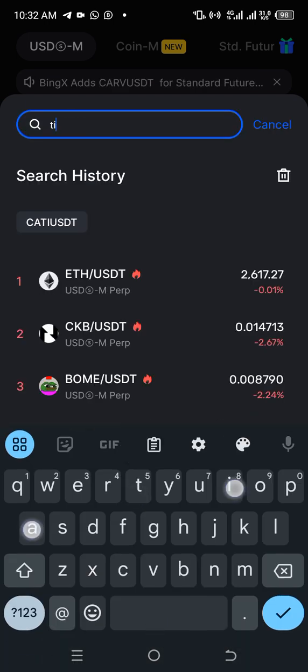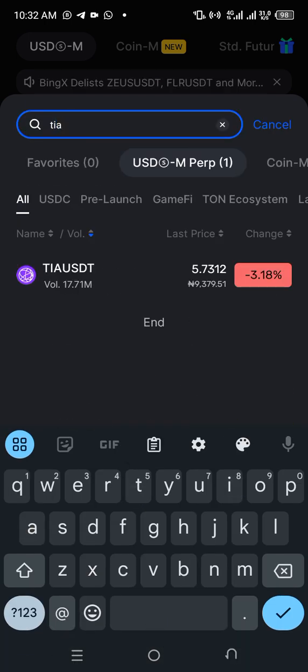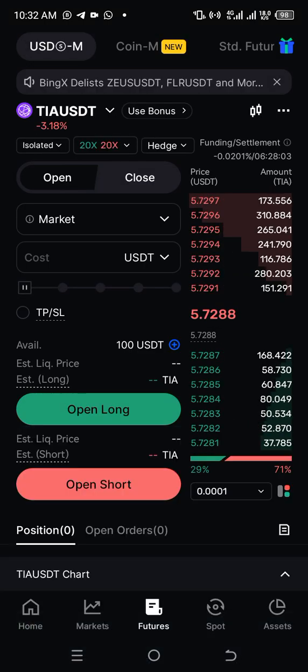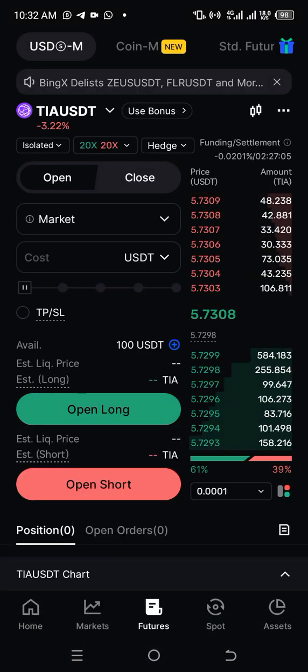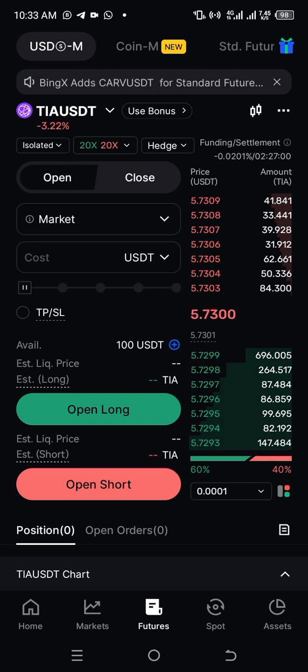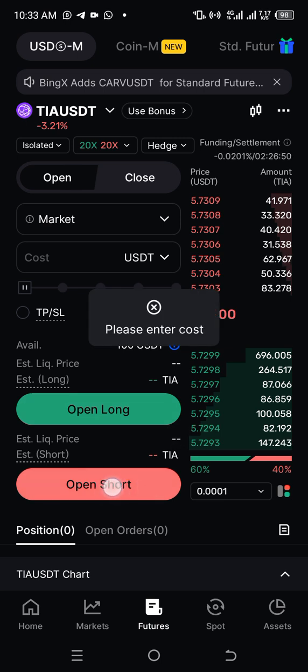You see TIA. We are on the perpetual feature, so there's no need to start looking for the other feature or spot. Just click on it, and it gives you the direct thing you searched for. Now you can choose long or short depending on the signal that was provided. If the signal is a long, you click on long; if it's a short, you click on short.